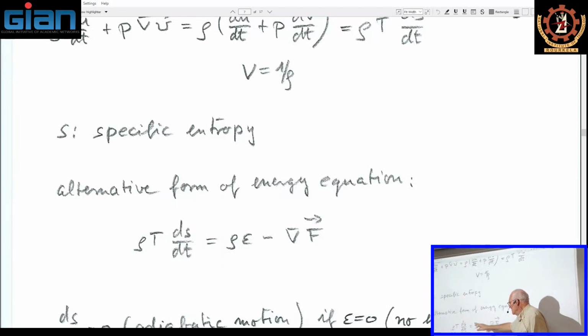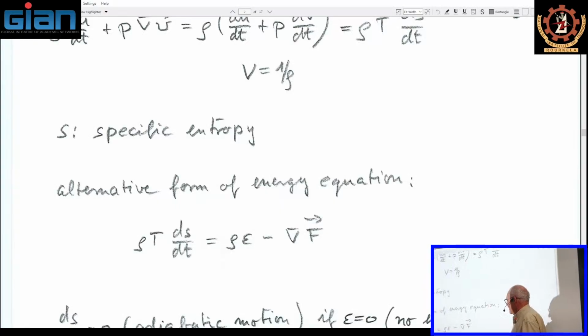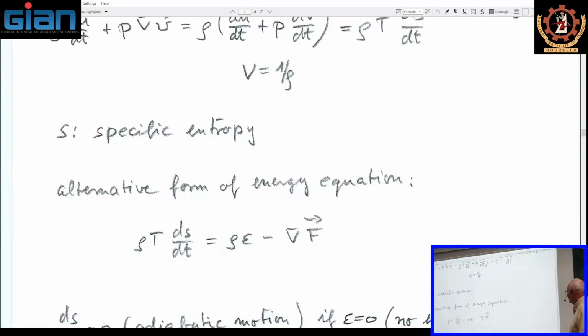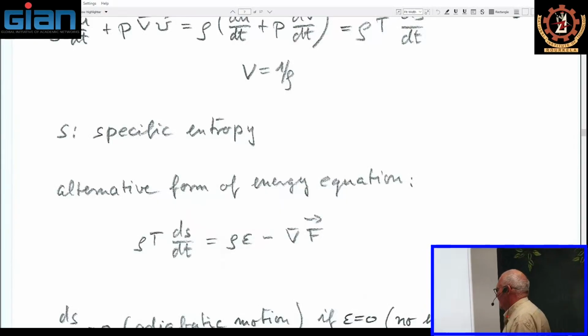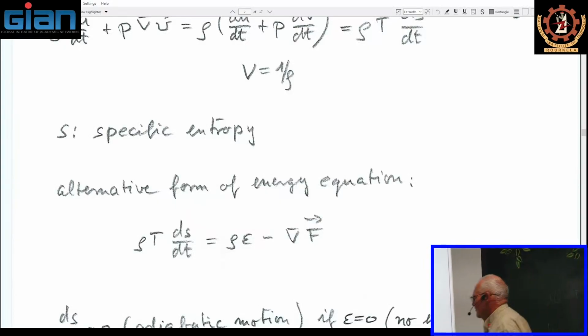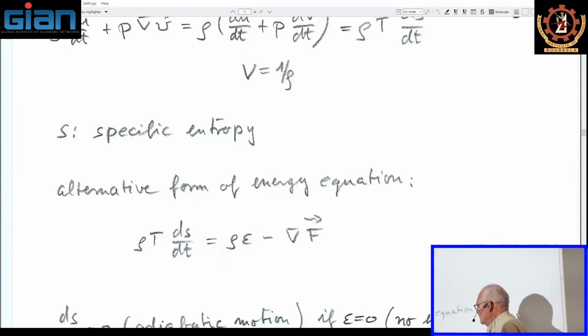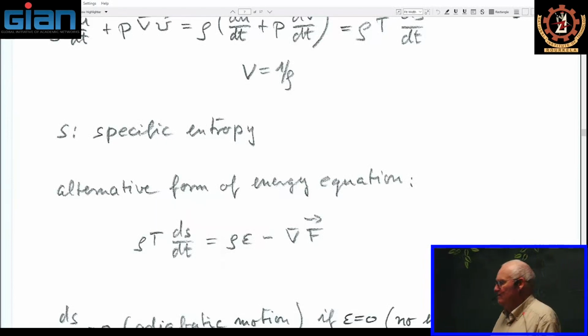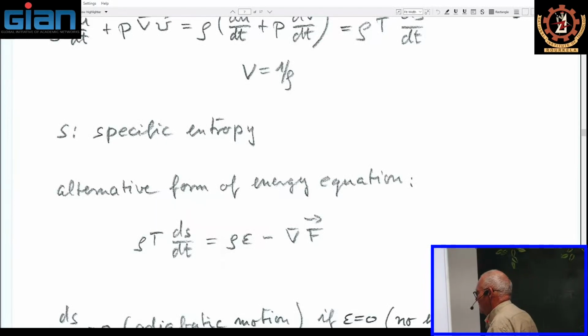Rho times T times the time change of the entropy is given by energy generation and the divergence of the heat flux. Well, if the energy generation is not present, and if there is no divergence of the heat flux, then obviously the entropy is constant. That's what we call an adiabatic motion.